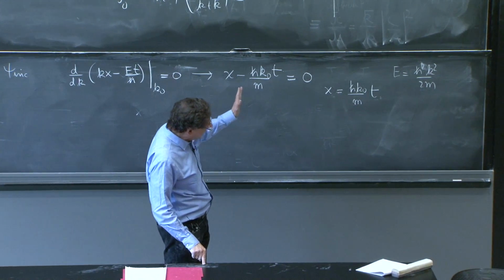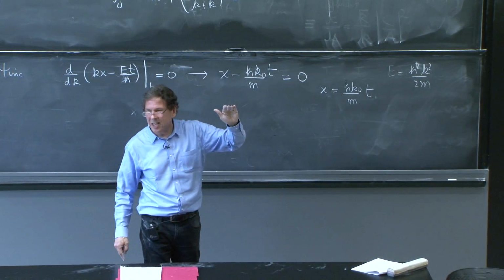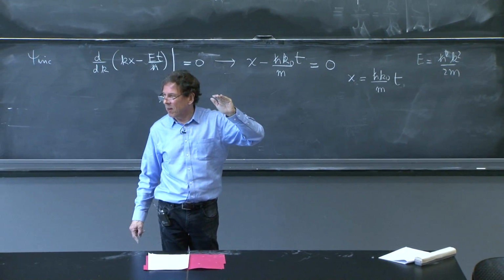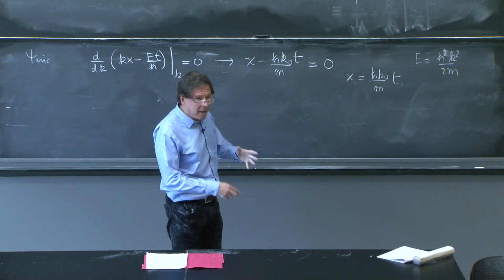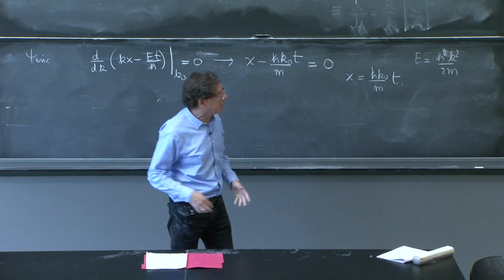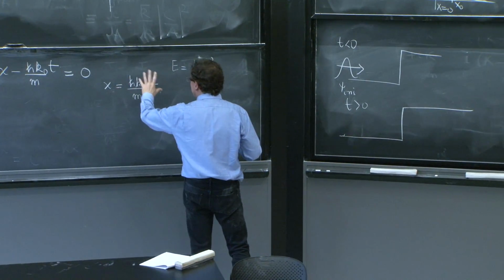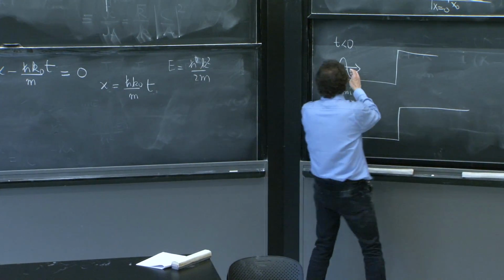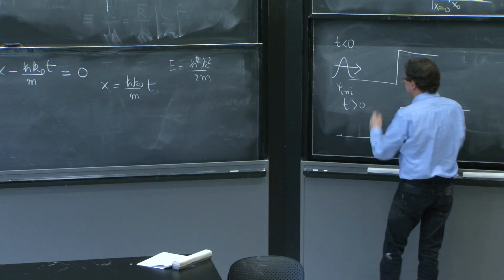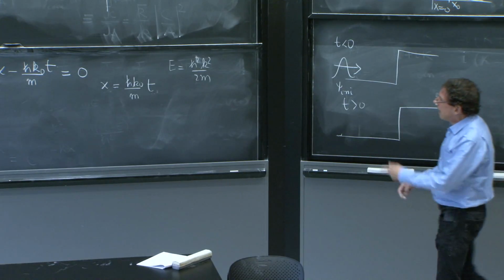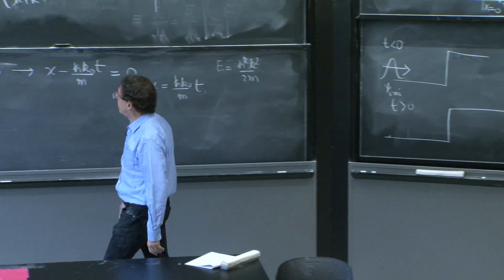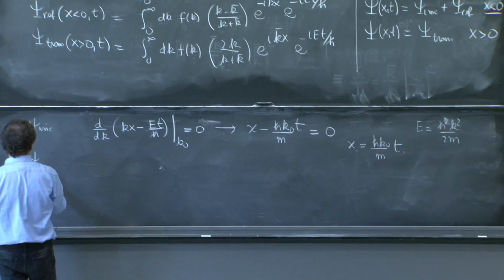Somehow, automatically, psi incident just exists for negative time. Time near zero is very interesting, because somehow stationary phase condition says you still get something, but you're going to see what the packet does as it hits the thing. Okay, let's do the second one, psi reflected.